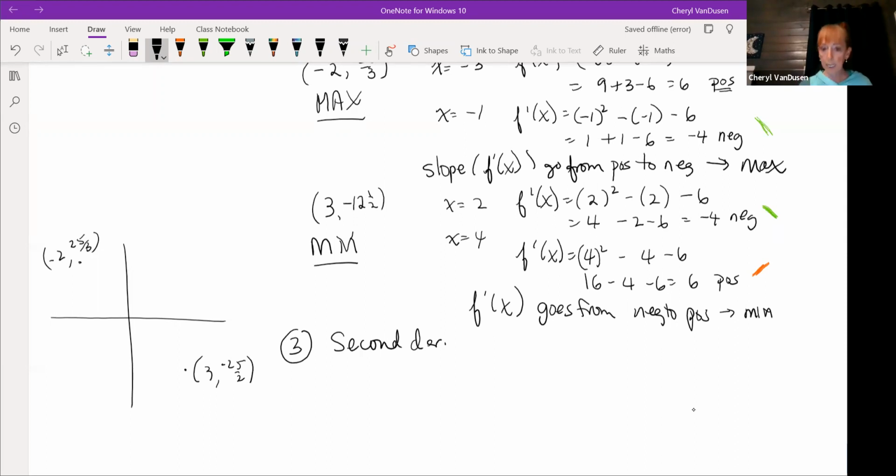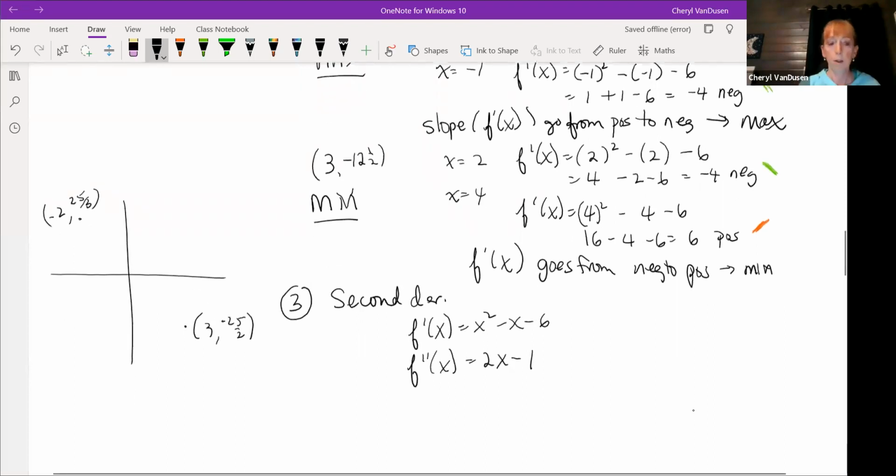Okay, so you have to do the second derivative. So here's the first derivative expression: x squared minus x minus 6. Let's take the second derivative. We get 2x minus 1. Same thing. We're going to take an x value on the left and an x value on the right, and see what we have going on. Okay, so there are some similarities here with these tests.